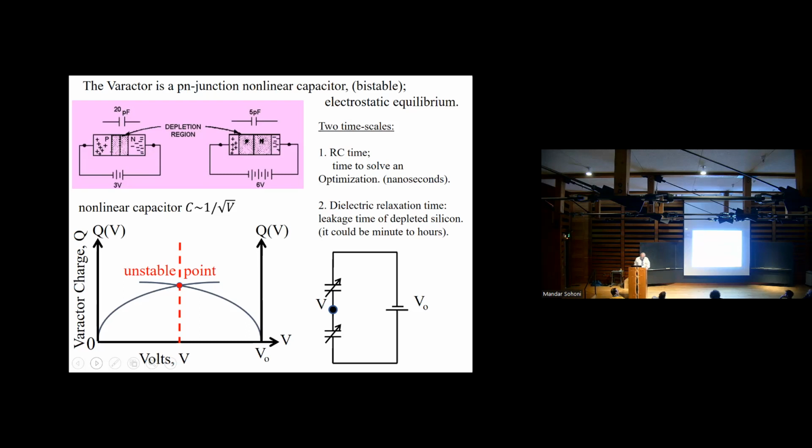I wanted something a little bit nonlinear so that I could, for example, make it bistable, maybe even address the Ising problem. So the varactor is a component that is well known in electrical engineering. It's basically a diode. And as you put a big voltage on the diode, you end up depleting all the carriers in a wider region, and then the capacitance goes down.